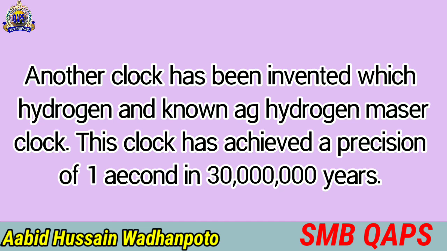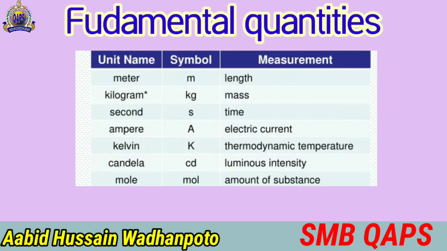Means we can say that by using these methods we can calculate accurate times, and the accurate standard of time, which is called the second, can be checked in the laboratories and all over the world. Actually, these methods are now used in our modern laboratories to check the accurate time of the second, minutes and the hours.